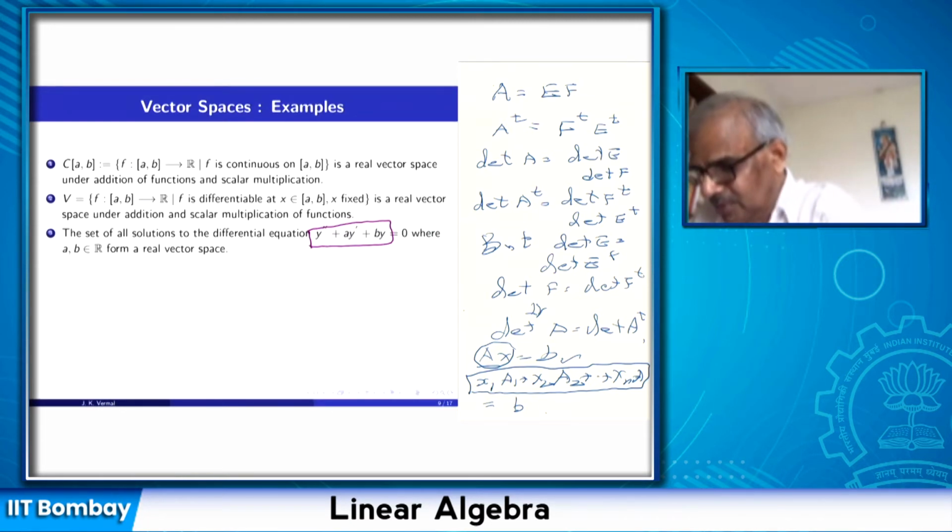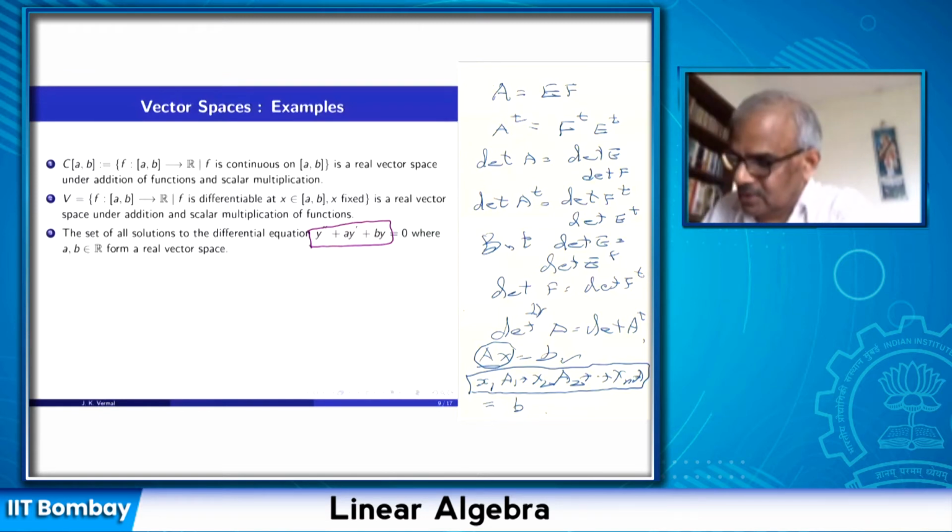I have a certain number of solutions of a system of homogeneous equations. I can add them, I can take any scalar, I can take any linear combination of solutions of Ax equal to 0, and again I get a solution. The same thing happens for this homogeneous differential equation y double prime plus ay prime plus by equal to 0.